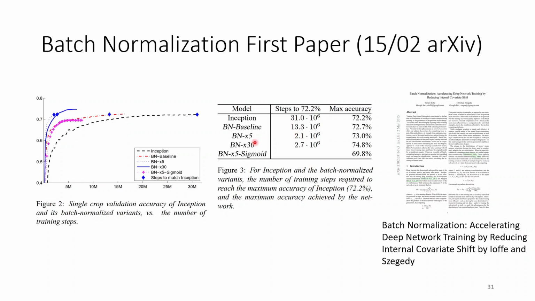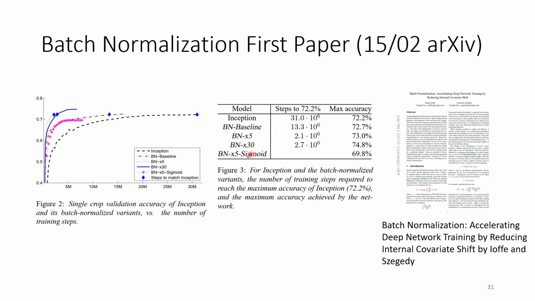optimization process. But you see here, if they set 5 times, they only need 2.1 million steps. If they set 30 times, they need even more. So that's the reason why a larger learning rate may not be the best choice. They need to tune the parameters.